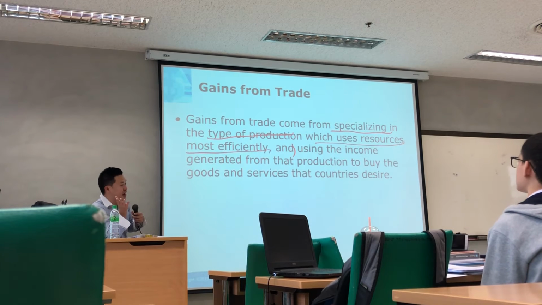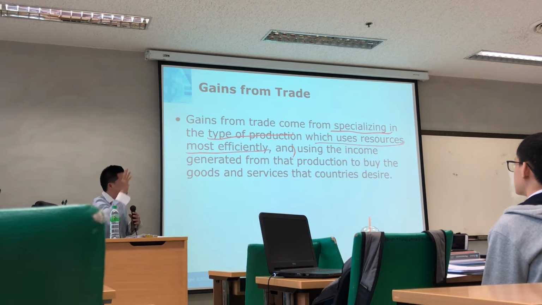The same as foreigners: every worker in the wine factory, the price of wine in foreign increases, so they get higher wage, higher income, higher consumption. So this is the first one, gain from trade.